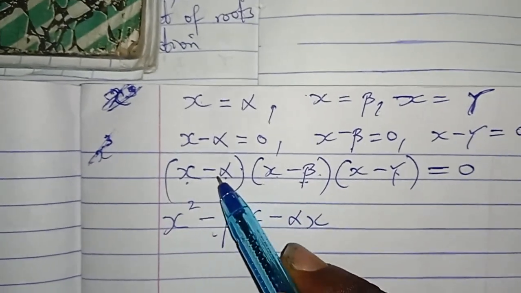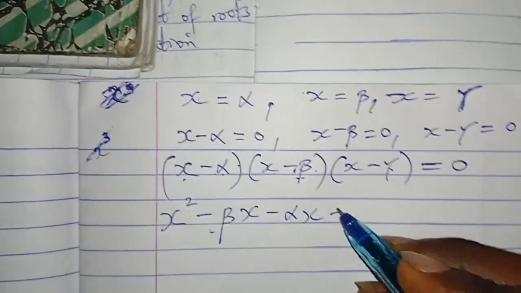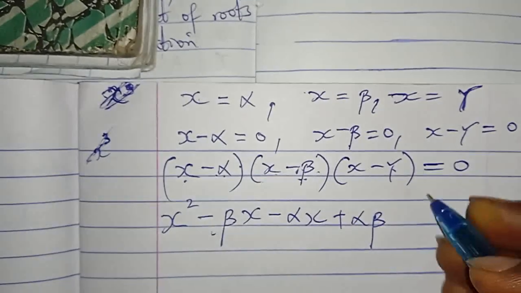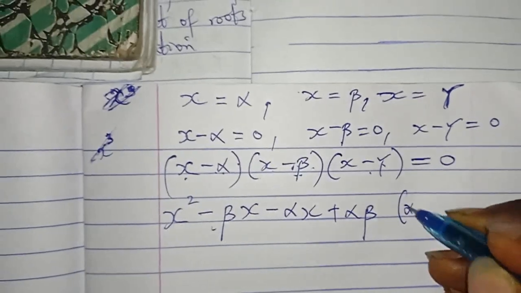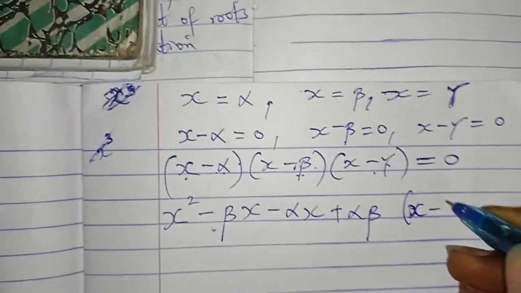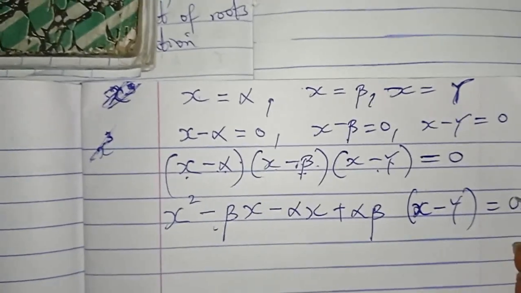Then minus alpha times minus beta will be plus alpha beta. So now that we are through with it, bring this one down: x minus gamma equals 0.